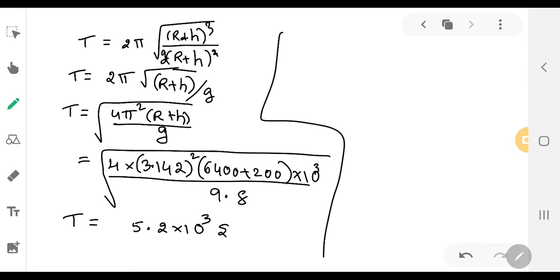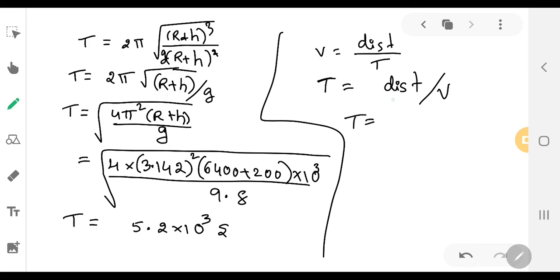Time period, actually, the formula is: velocity is distance divided by time. So time period, if you rearrange this, is distance divided by velocity. T is time period to complete one oscillation. Distance is the distance of one rotation. Velocity is the velocity with which it is rotating.